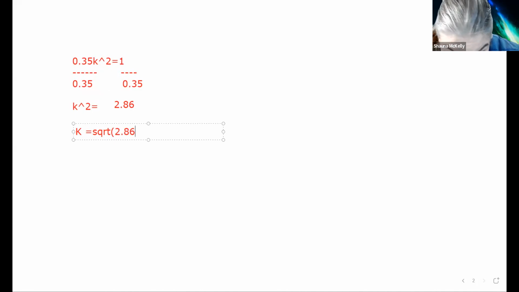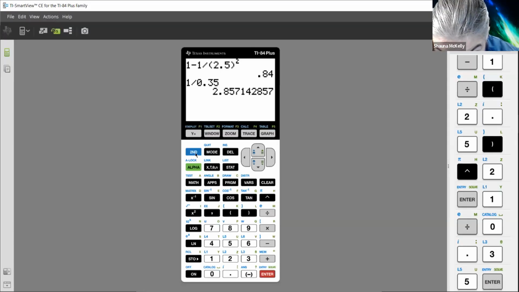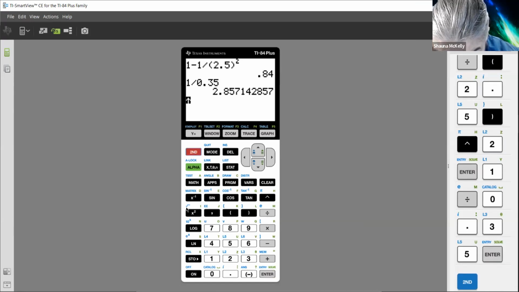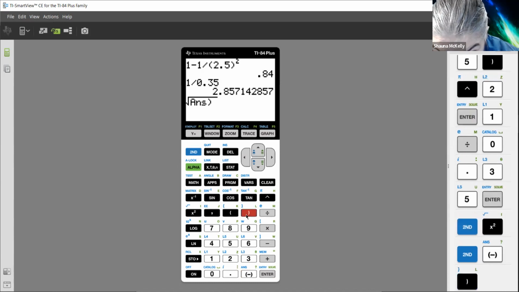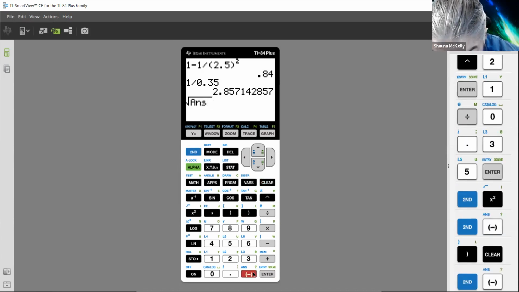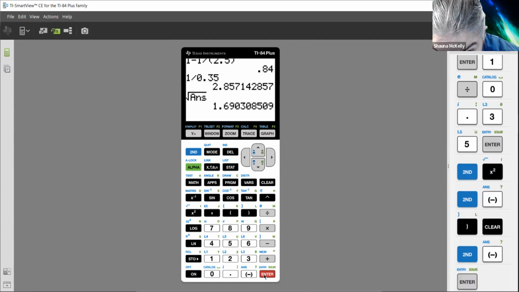And so K here, if I go back to the calculator, just for the sake of comparison, I'm going to do it with the actual number first, and then I'll do it with our approximation. That's going to be about 1.69 if I use the actual number itself.